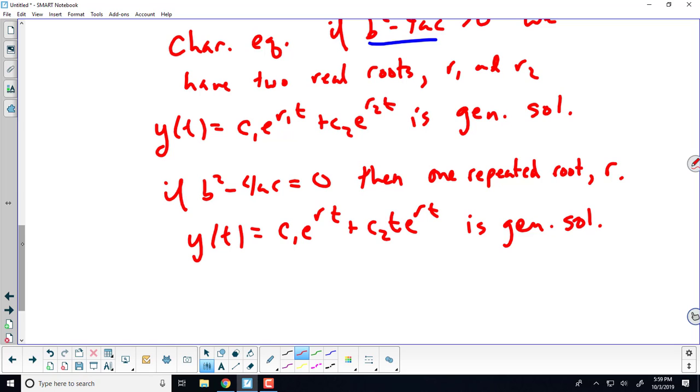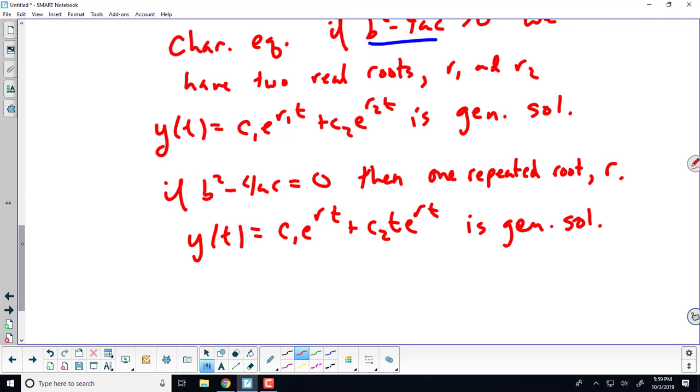I want to cover the whole spread of them tonight, and then next class period we'll go into a little more detail on some of the things that we're missing as I skip through these sections. Right now we are going to deal with nth order, so it could be third order, fourth order.